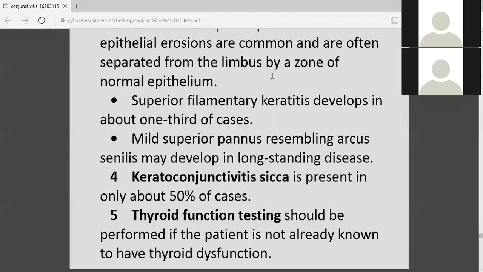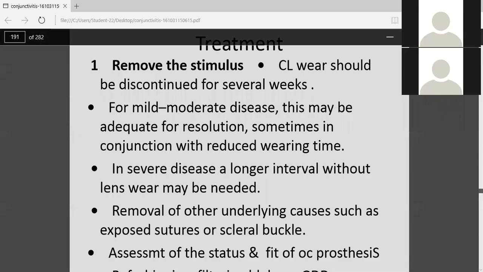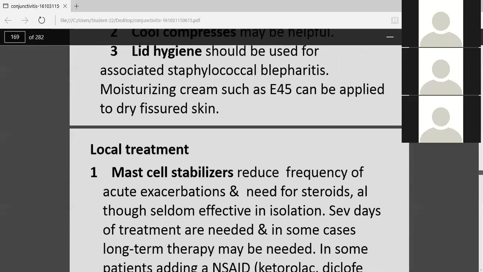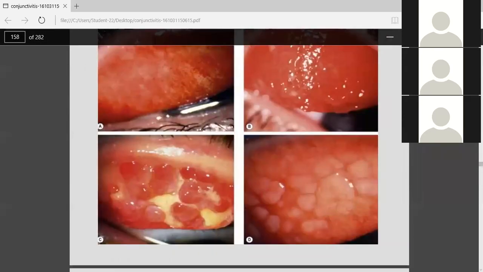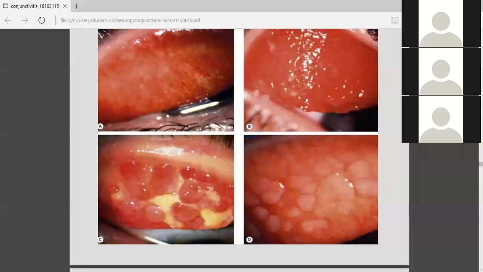Is there any question from the student side in this allergic type of conjunctivitis? Please ask any question if you have any query. Students, are you awake? Yes, yes, sir.